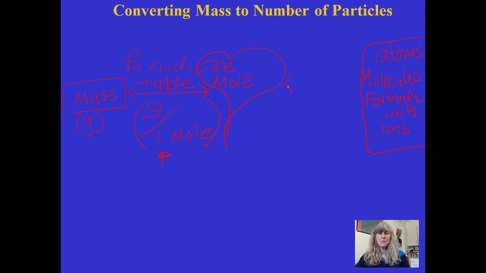So to go either way, we're going to use, that's right, Avogadro's number. What is Avogadro's number? 6.02 times 10 to the 23rd particles, whatever they might be, per 1 mole. Okay? That might help you a little bit.